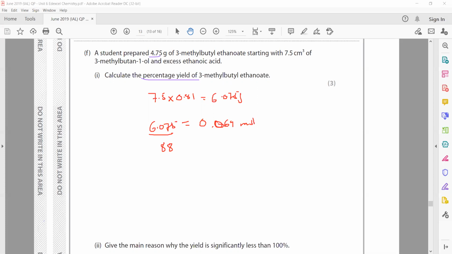Using the mole ratio, 1:1, we get the same moles for ester. Moles of ester are multiplied by its molar mass, which is 130.